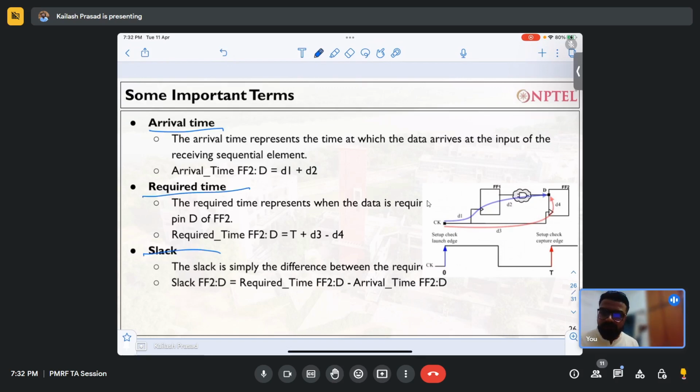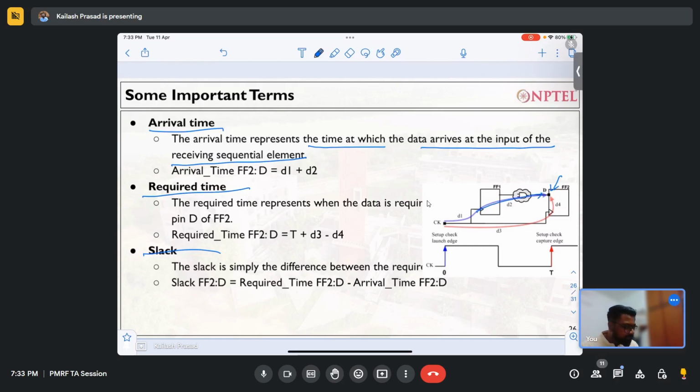The important term is the arrival time, which represents the time at which the data arrives at the input of the receiving sequential element. So if this is the receiving sequential element, what is the time after which the data is arriving? That is called arrival time.